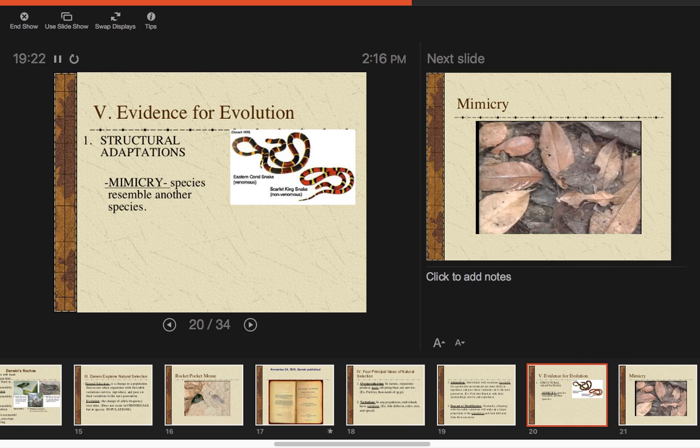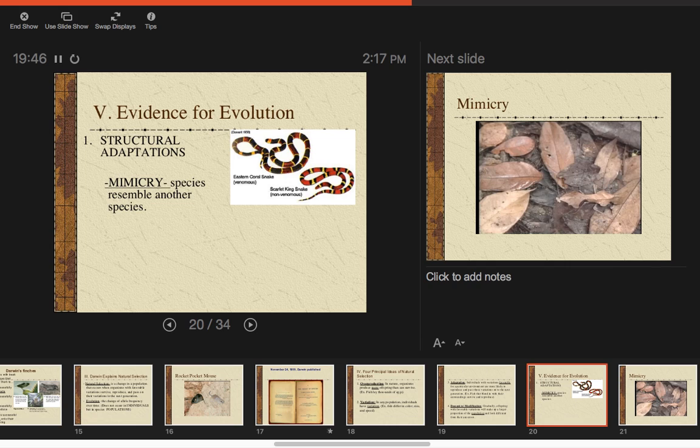Last piece. Evidence for evolution. All these things that we're about to look at now are pieces of evidence that you can use to show how related organisms are, or the idea of a common ancestor with organisms. The first one's structural adaptation. So things like mimicry, camouflage, how organisms have adapted to their environments with those types of things.